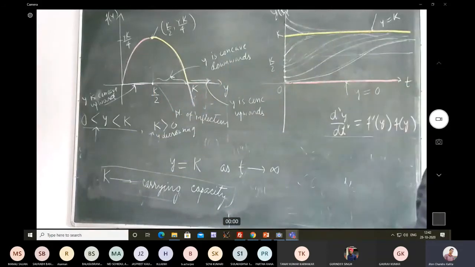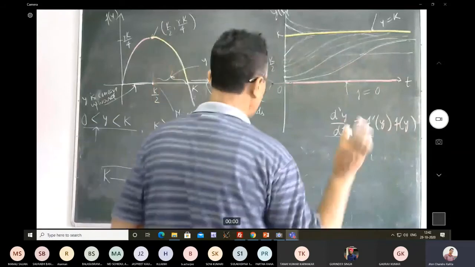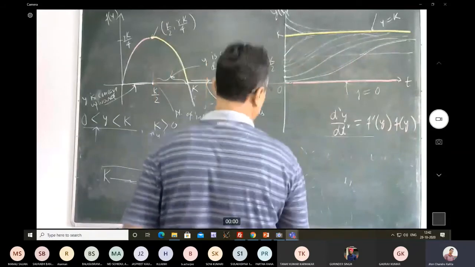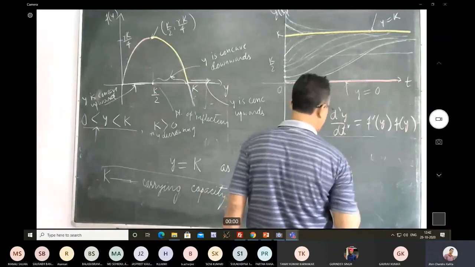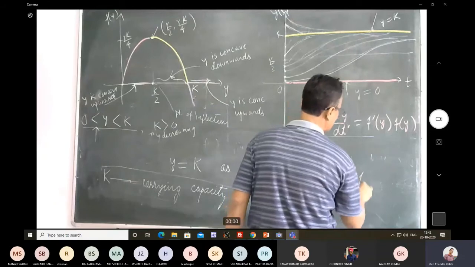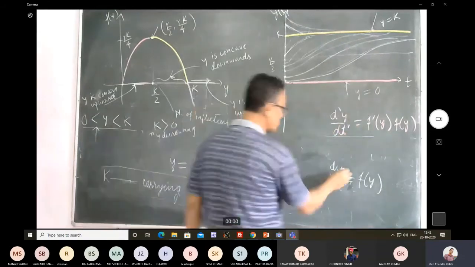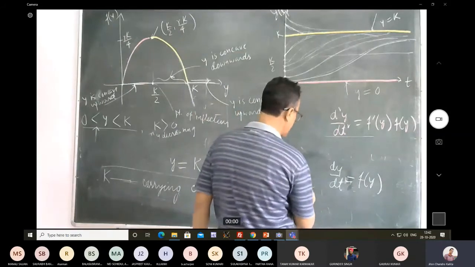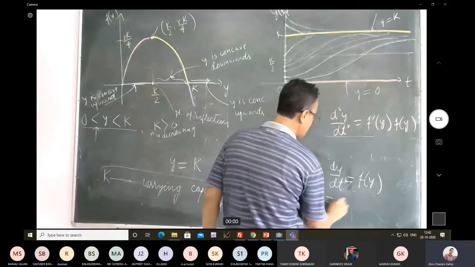So now I'm just simply going to write down the solution. If you recall, whatever may be the shape of the right hand side, my differential equation was this. It is something like 1 by f(y) dy equal to dt.